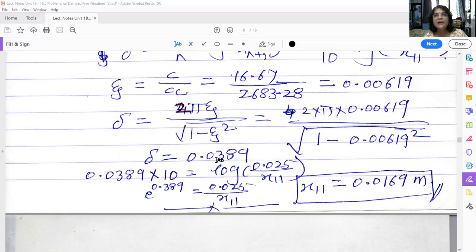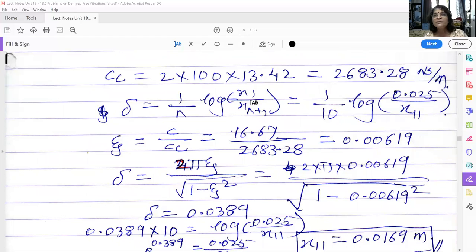Once we get delta, what we want to find out? This one. Okay, that means amplitude after 10 number of cycle, that is x11 we want to find out. So what is the formula of delta? Delta is equal to 1 upon n log base e x1 upon x n plus 1. So what is the value of n here? 10.